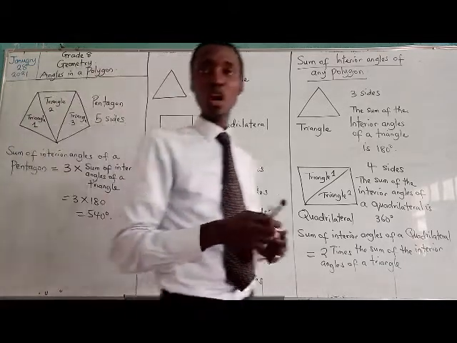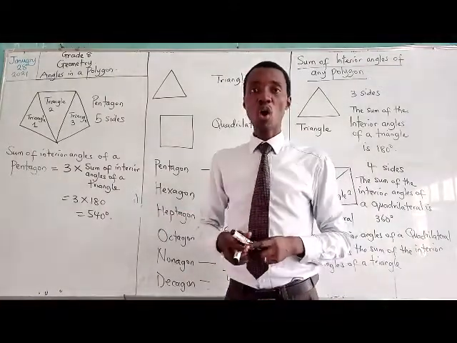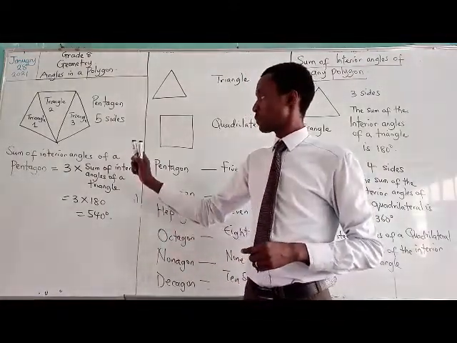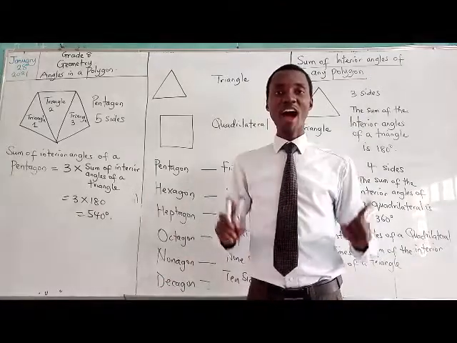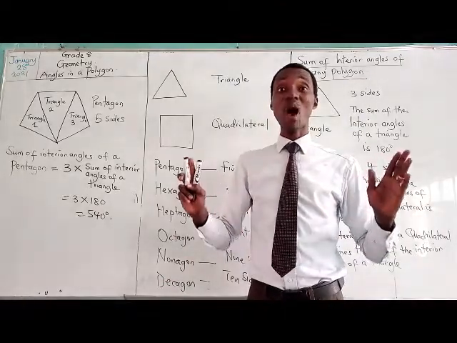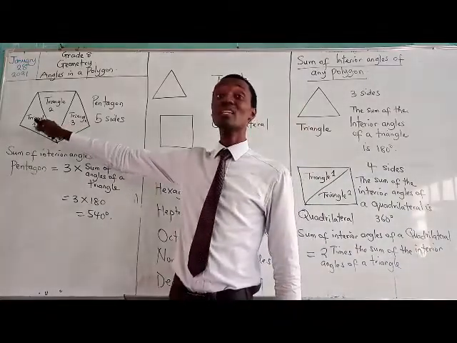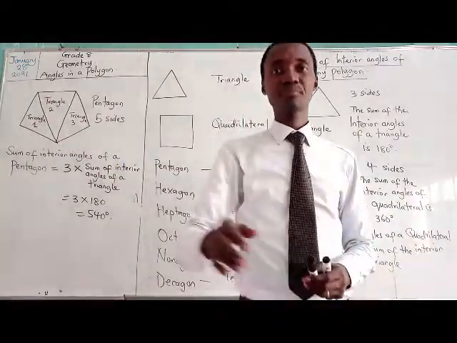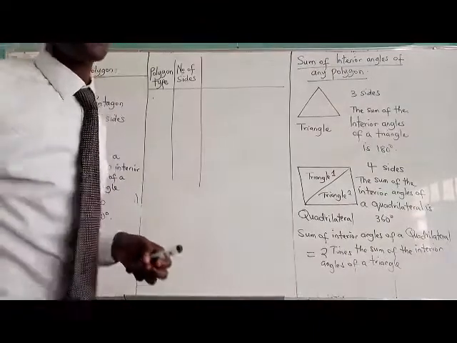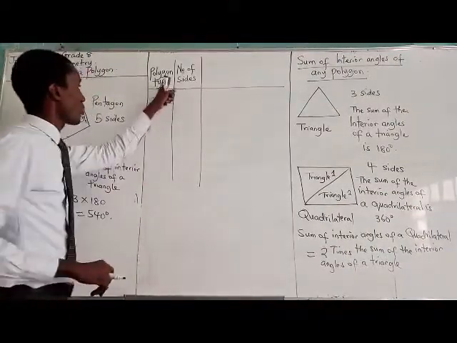I see that. So the sum of the interior angles of a pentagon will be what? 540 degrees. How? Because by my diagram, I know I have 3 triangles. Alright, we'll go to another level with this.